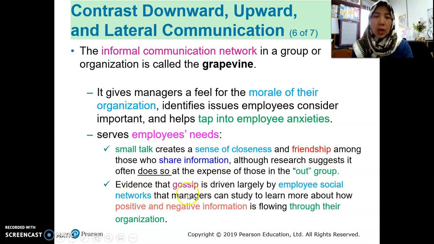Gossip can be spread through grapevines where employees share their information. Then if managers join this grapevine to receive information about their employees, it can also be important for the managers to understand the employees' feelings if they receive information indirectly or through grapevine.